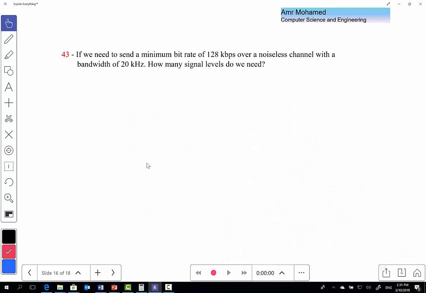Next, if we need to send a minimum bit rate of 128 kilobits per second over a noiseless channel with a bandwidth of 20 kilohertz, how many signal levels do we need? Well, this refers to, of course, the Nyquist theorem, and we know that using Nyquist theorem, the bit rate can be represented by 2 times the bandwidth times log 2 of the number of levels.